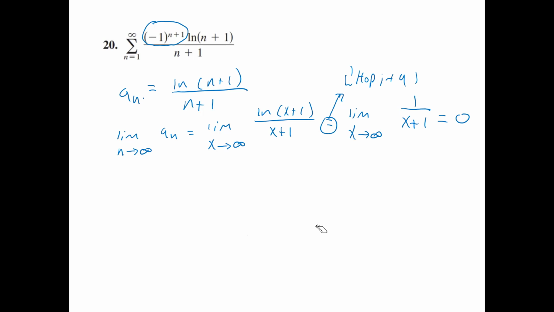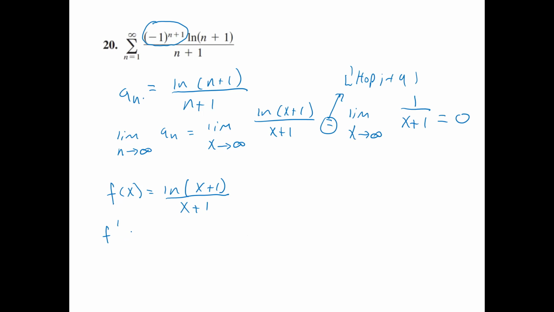So let's go back, and we need to show that it's decreasing, and so then we'll go ahead and use the derivative. So f of x is equal to the natural log of x plus 1 divided by x plus 1. So then again, we want to show that the derivative is negative. And again, it doesn't have to always be negative.